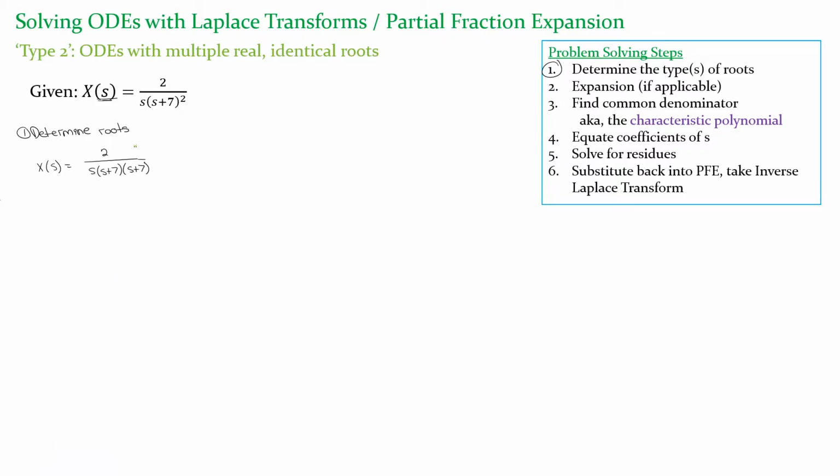And this will help me see that I have two roots located at s equals -7 and I have one root here at s equals 0. So again, if I hadn't told you that this was a type 2 problem, we would be able to tell that this was a type 2 problem based on these two identical roots right here.